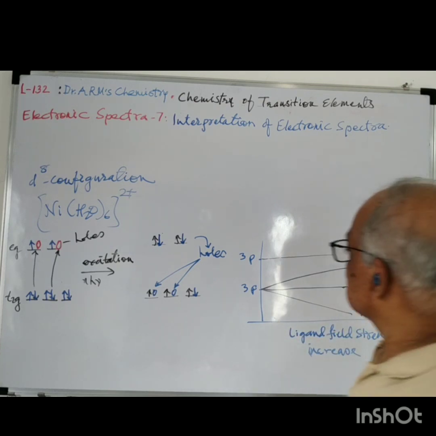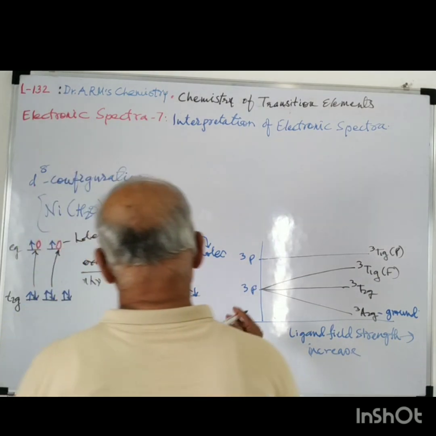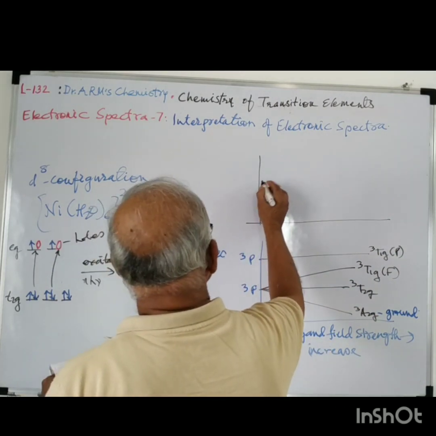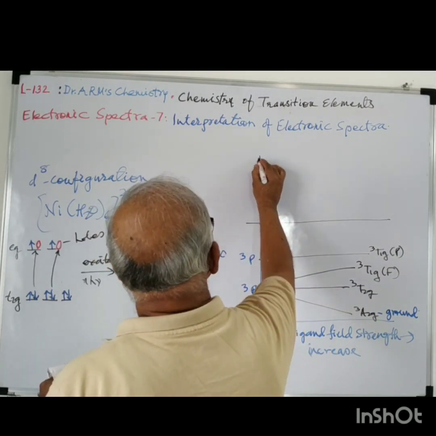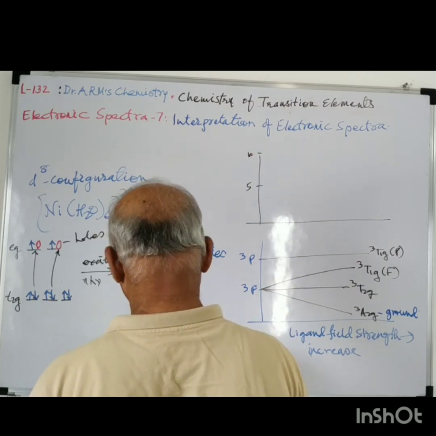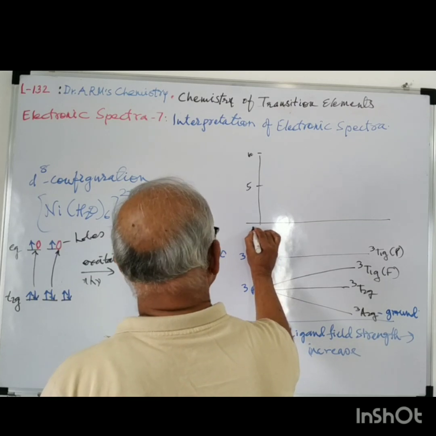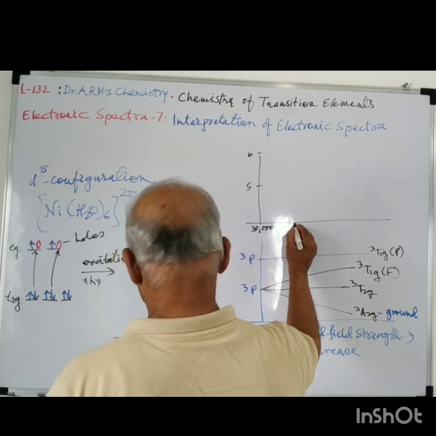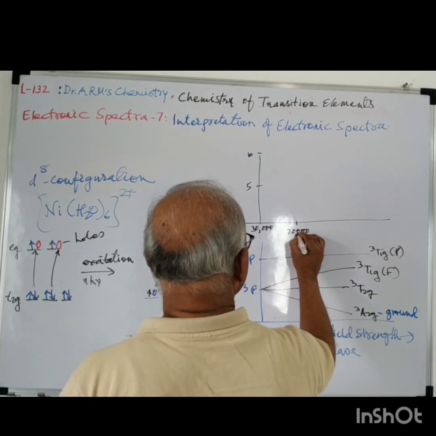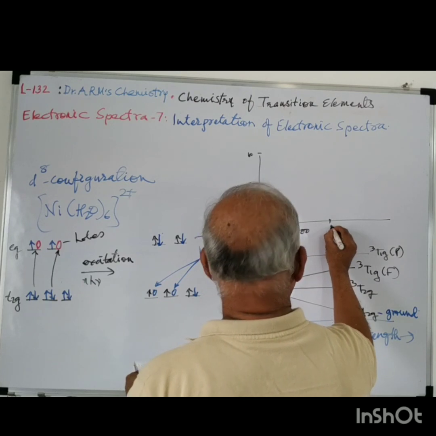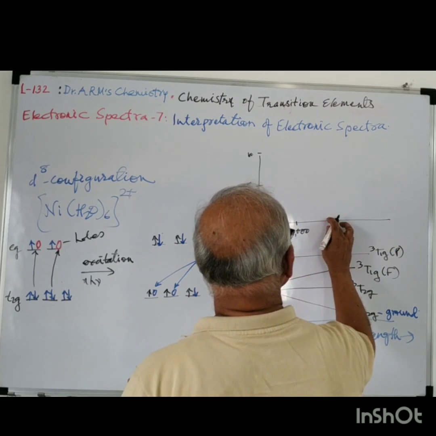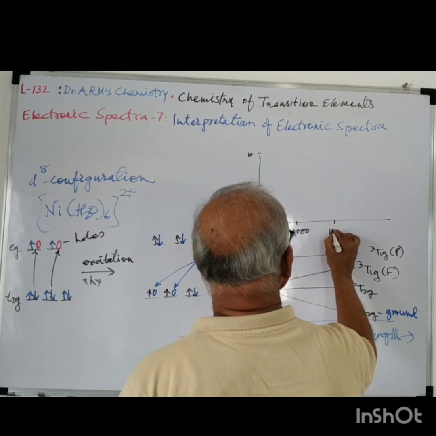So we will show this in an absorption diagram. If we show this in the absorption, the scale is shown as 30,000, 20,000, and 10,000.